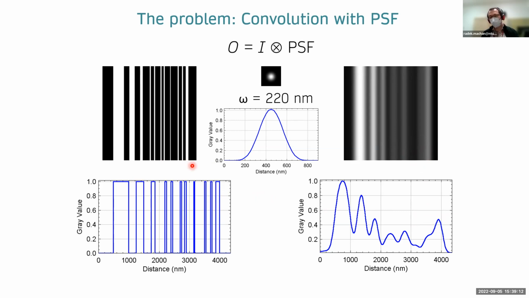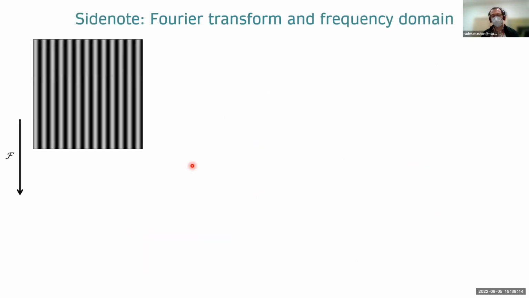Before we move on to the solution, let's briefly mention the representation of images in the frequency domain. This might at first glance sound counterintuitive and a bit complicated, but it's not really anything too complicated. It's very useful for understanding a lot of things related to resolution in microscopy.